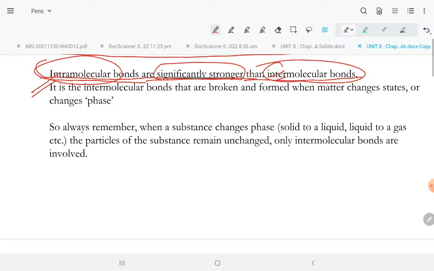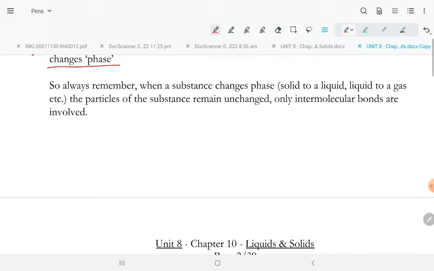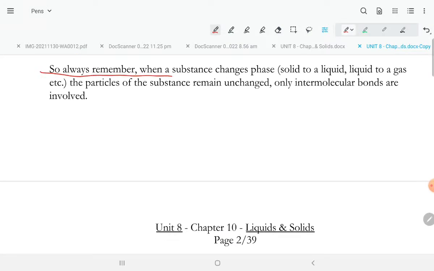So intramolecular is stronger. It is the intermolecular bonds that are broken and formed when matter changes state or phase. Always remember that when a substance changes phase, that is solid to liquid or liquid to gas, the particles of the substance remain unchanged. Only intermolecular bonds are involved.